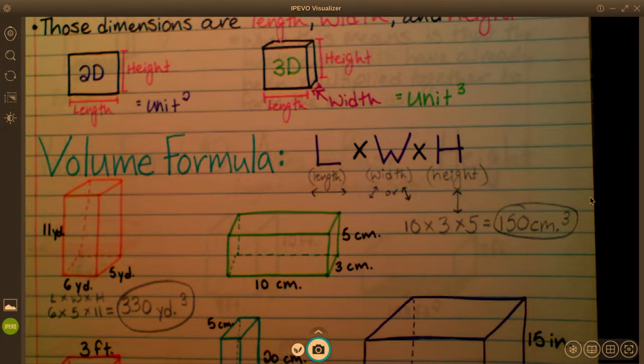So 1 through 6. 1, 2, 3, 4, 5, 6. Number 8 and number 13. I'm going to say that one more time. Page 597 and 598, numbers 1 through 6. 1, 2, 3, 4, 5, 6. Number 8 and number 13. Nice work today, 5th grade.